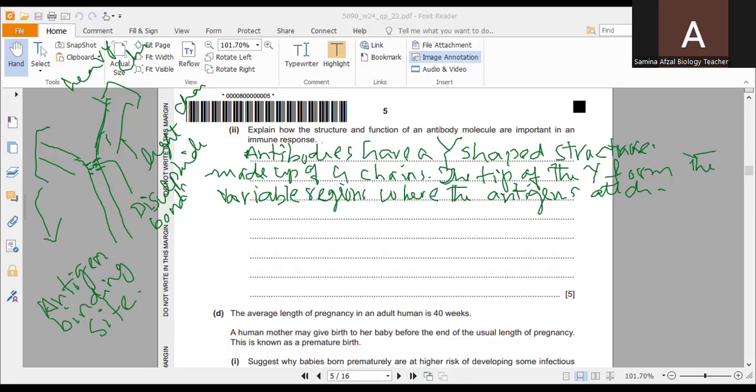And you know, students, the antibodies have complementary shapes.